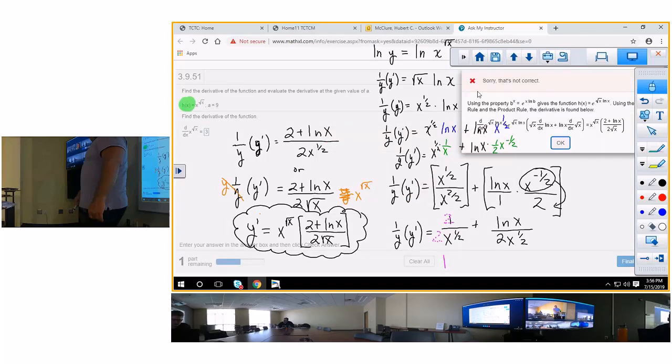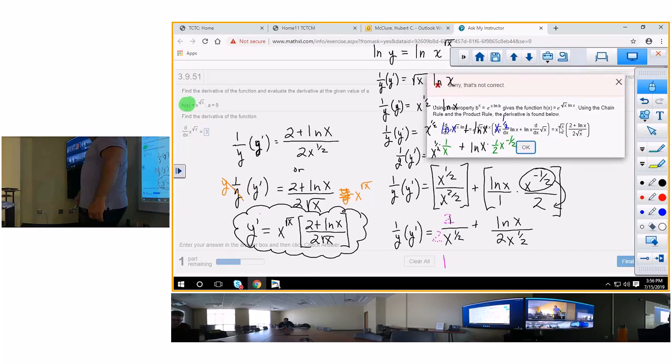All right, somebody tell me, they got x to the square root of x, 2 plus the natural log of x. Look at there, it's a miracle. Now, somebody plug in 9. Well, that's going to be 9.